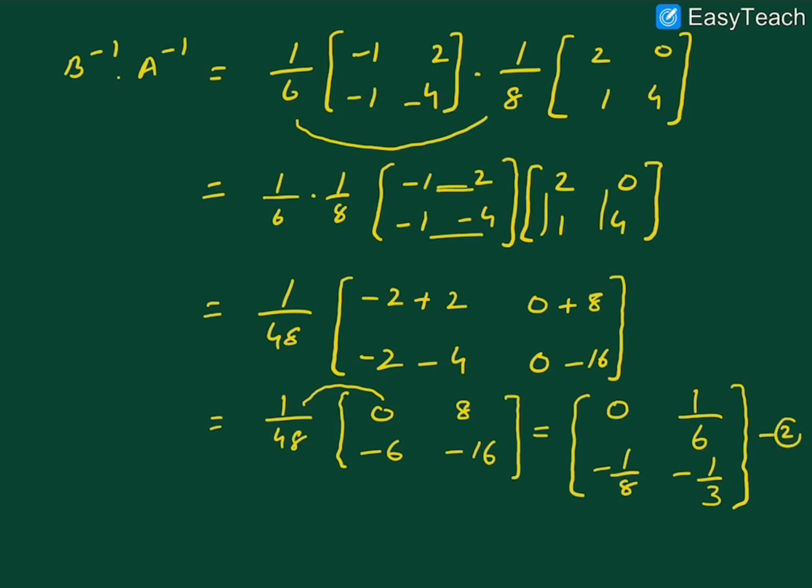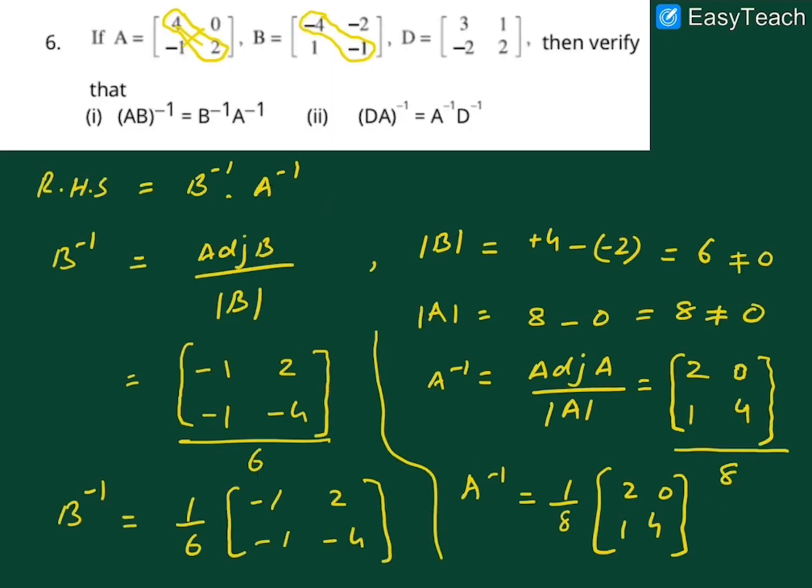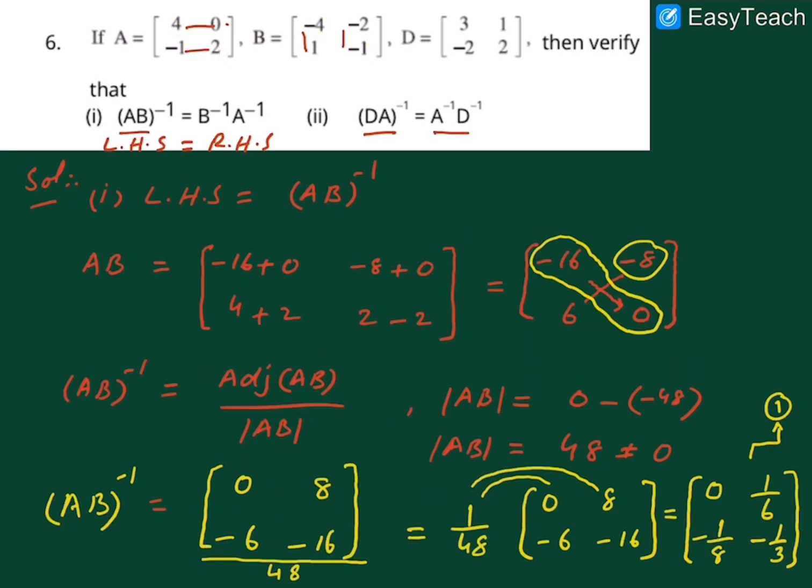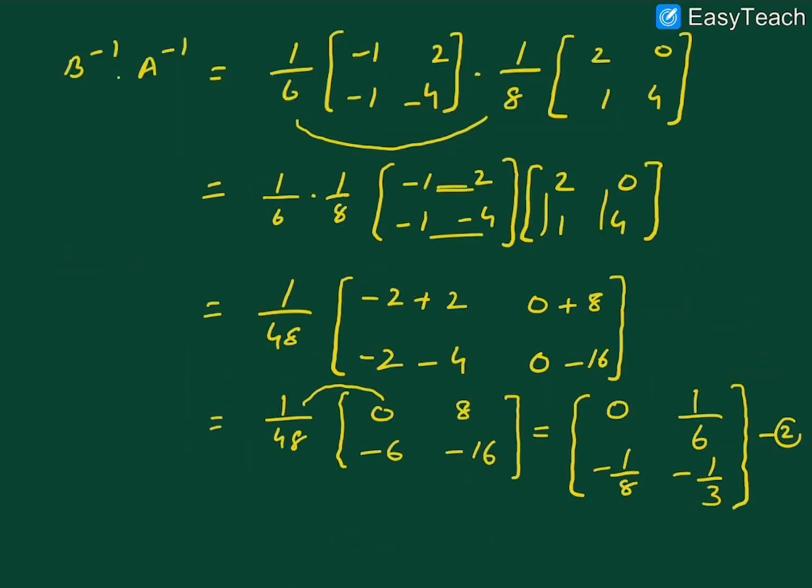Let's see whether 1 is matching with 2 or not. 0, 1 by 6, minus 1 by 8, minus 1 by 3. And here we have 0, 1 by 6, minus 1 by 8, minus 1 by 3. Is it the same? Yes. So this is our B inverse into A inverse. Since 1 is equal to 2, left hand side is equal to right hand side.